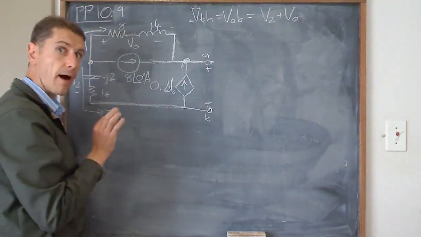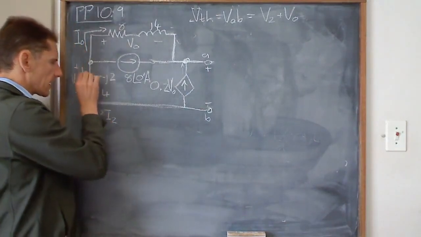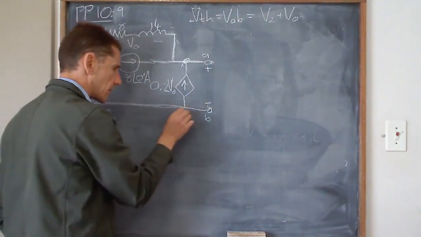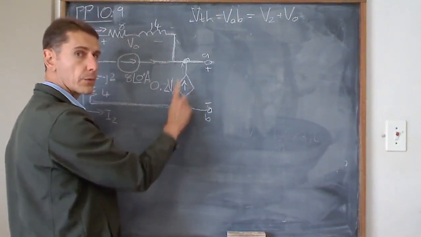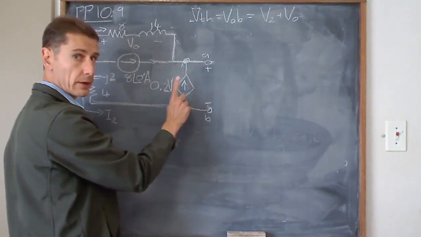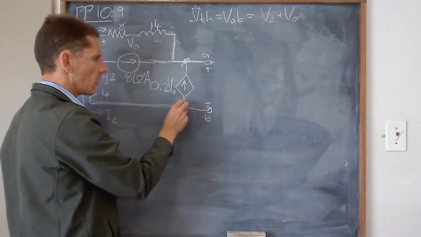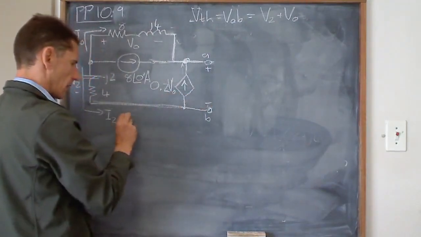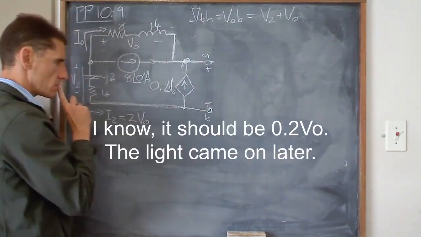And this is where the aha moment comes in. Current flows down, comes through this node, gets to this point. Where does it go now? Only up. Can only go up. Open circuit, can't flow there. So I2 equals 2VO.